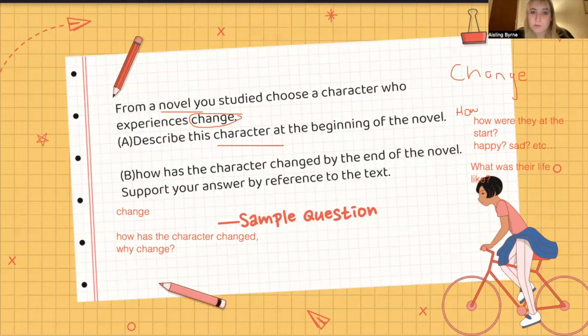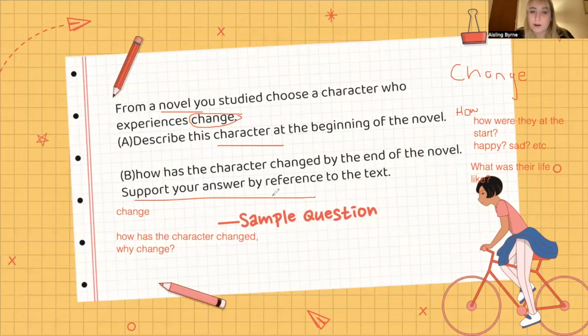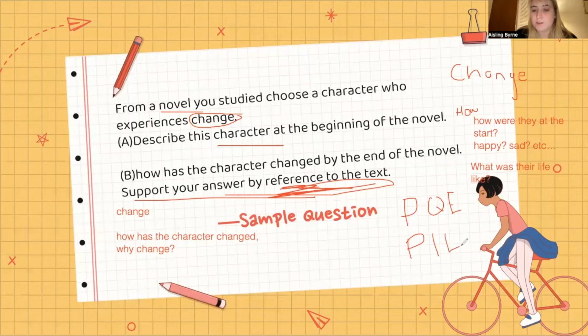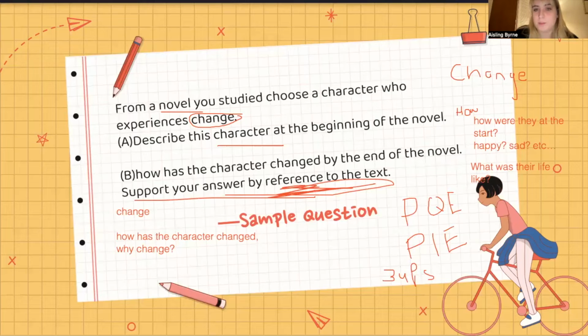And then this is really important here. Make sure that we're supporting your answer and referencing the text. Whether you do that in a PQE way, which is point, quote, explain, or the PIE way, which is point, illustrate, explain, or the tree-ups, which is start up, sum up, start up, back up, sum up.